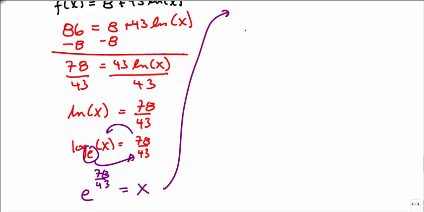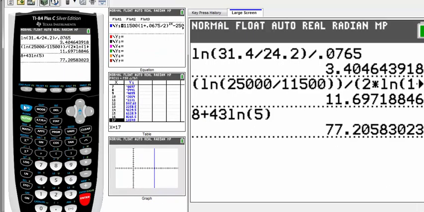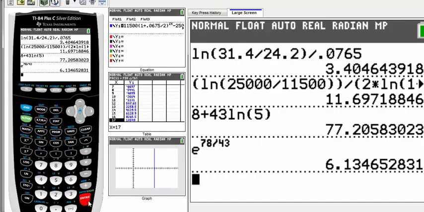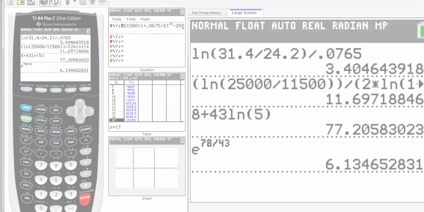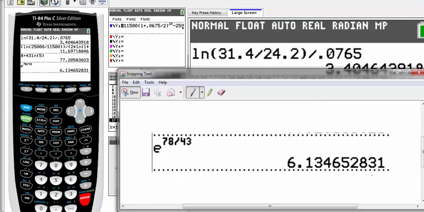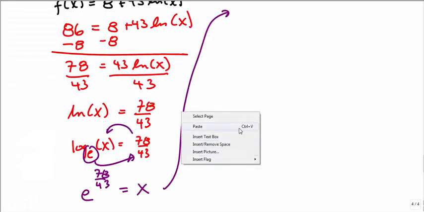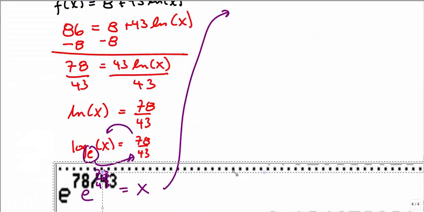Okay, so let's figure out what e to the 78 over 43 is. Calculator. So here's my e, exponent 78 divided by 43. So it looks like 6.1 or so. Now remember, that's not going to be my answer.